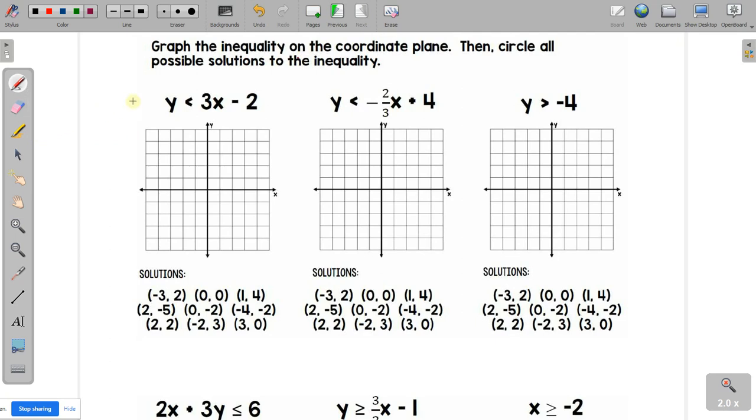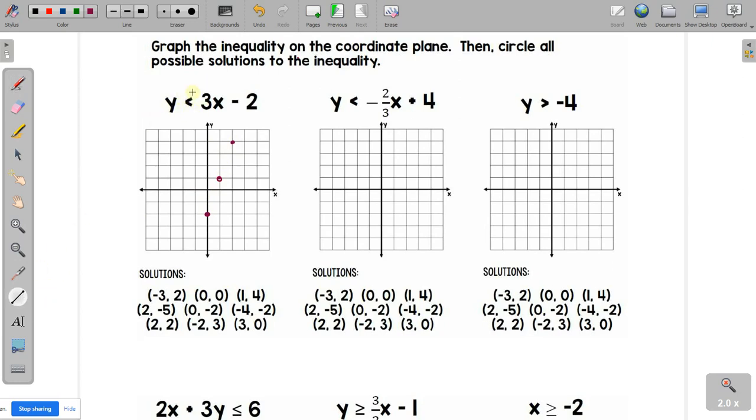Let's try the next one. We have y less than 3x minus 2. So we are going to start at -2. We have a slope of 3, so up 3 to the right 1. Now we can draw our line.